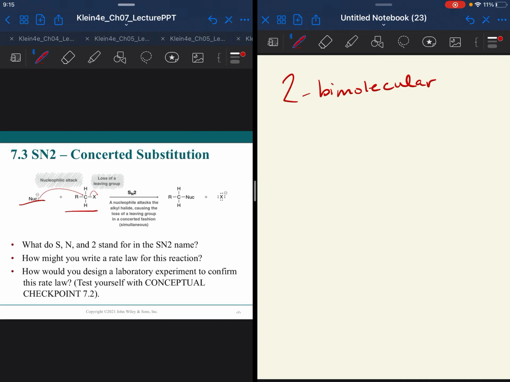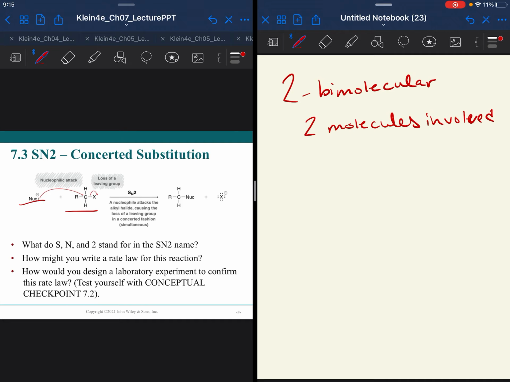There's only one step, right? So you have two molecules involved. Now, if you were going to set up a kinetics experiment to prove this, you would hold one of them constant and change the concentration of the other and then track the rates.